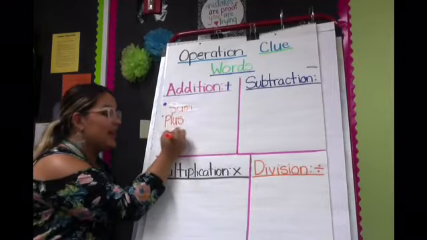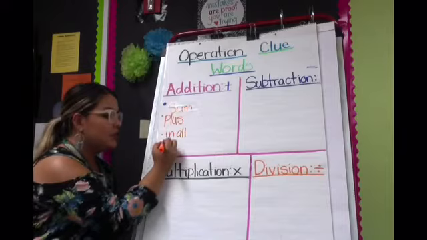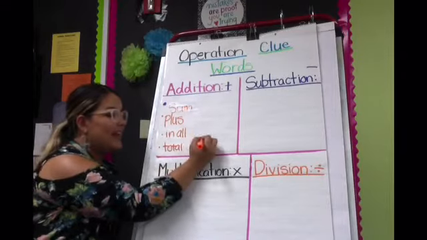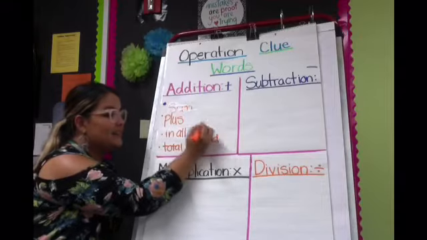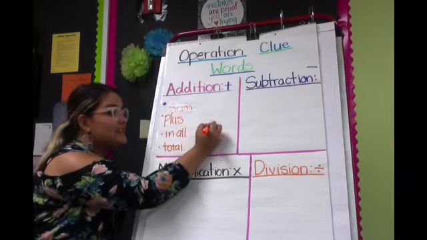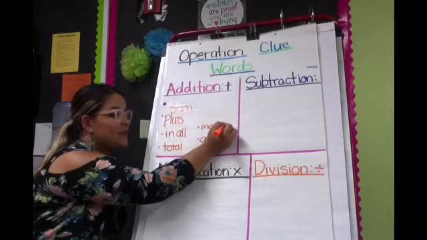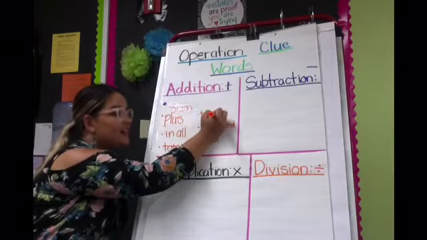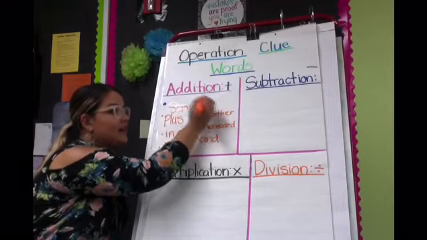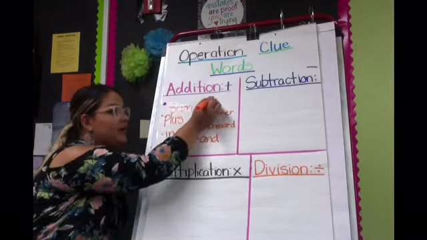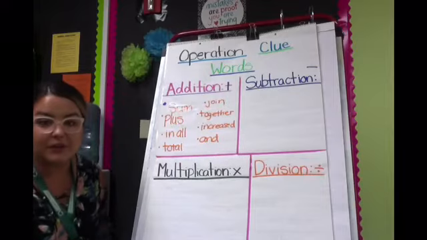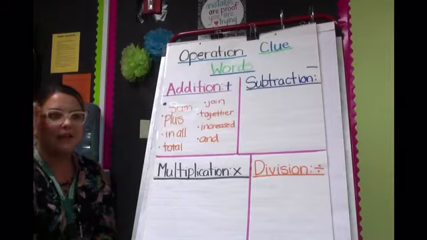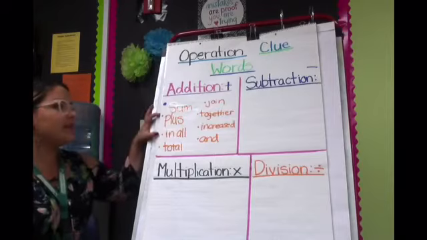You might see in all, total, and increased, together, or join. Now you might not see all of these words, but if you see them, in your head you want to automatically trick your brain to say, okay, this is addition.